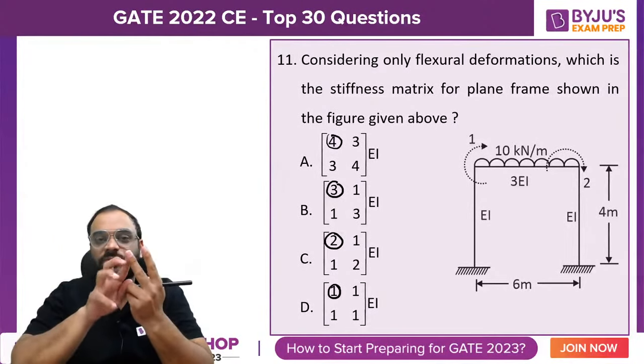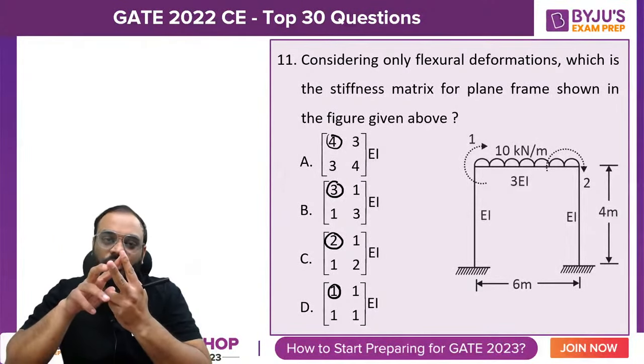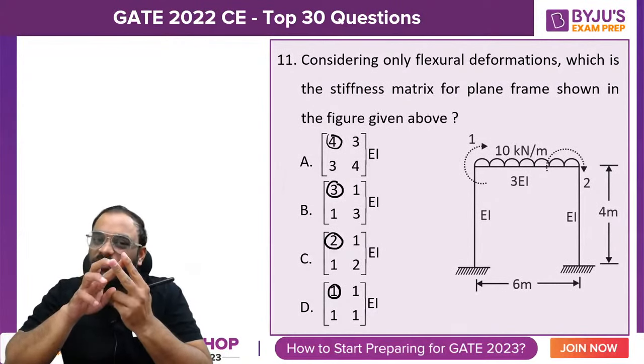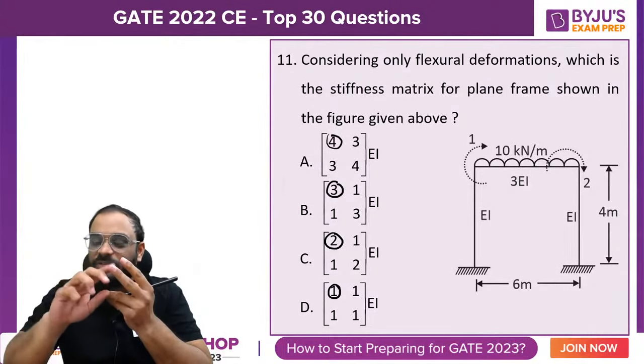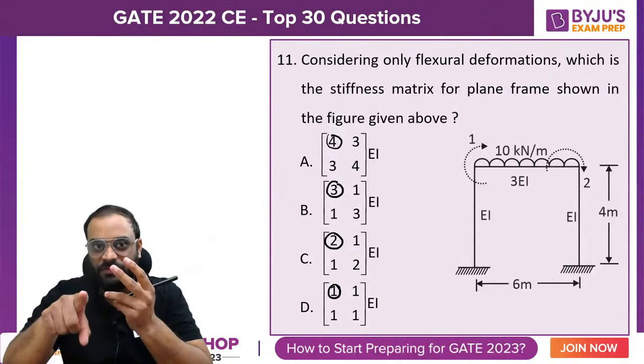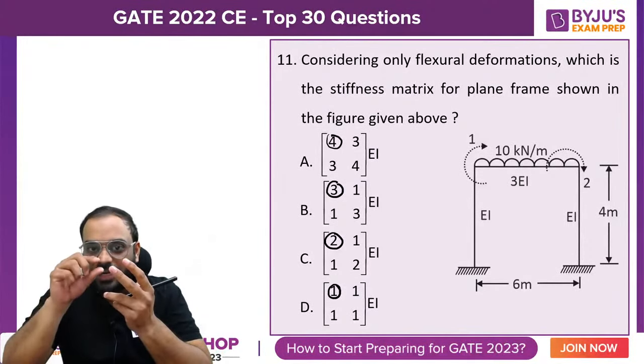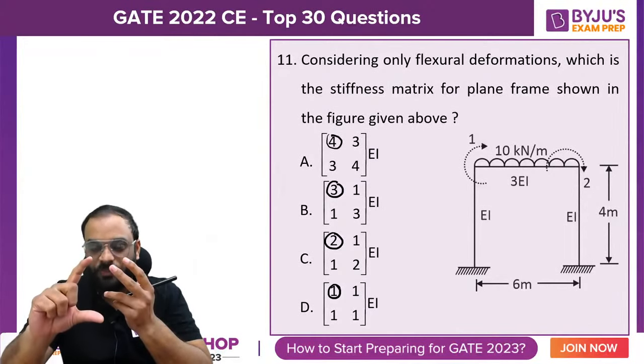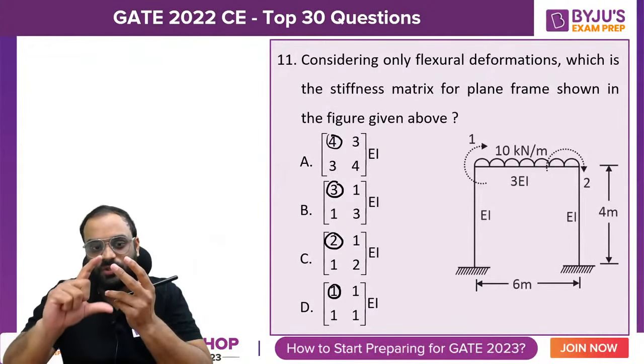If you don't know the logic or are not able to solve the problem, that condition is different. Here we are left with 2 things: I'm able to solve it, I know that, or it is a little bit confusing. So you can take the support of the options. Just try to understand the options also, just read the options.